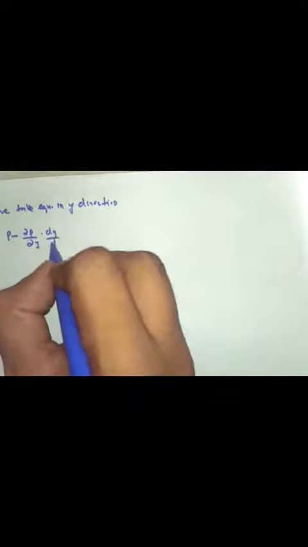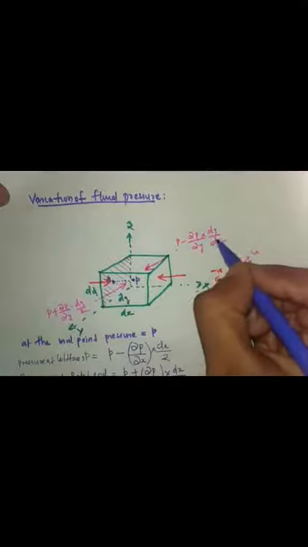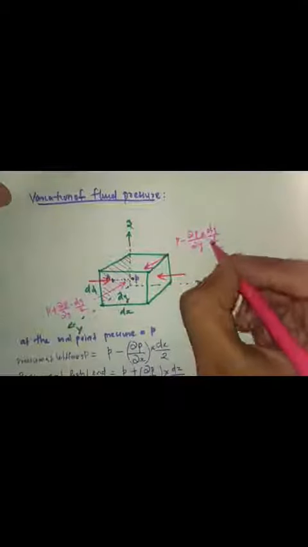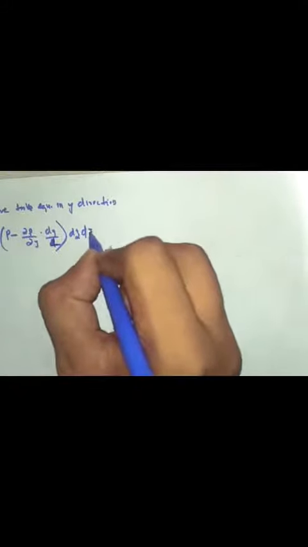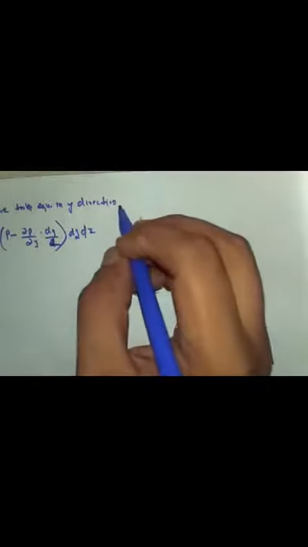It becomes P minus dou P by dou y into dy by 2. Sorry, it is dy by 2. Into the area, which is dz into dx.